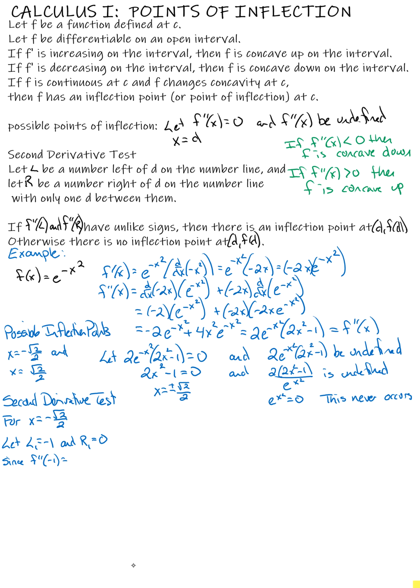So that gives us 2e to the negative of negative 1 squared, times 2x squared minus 1.